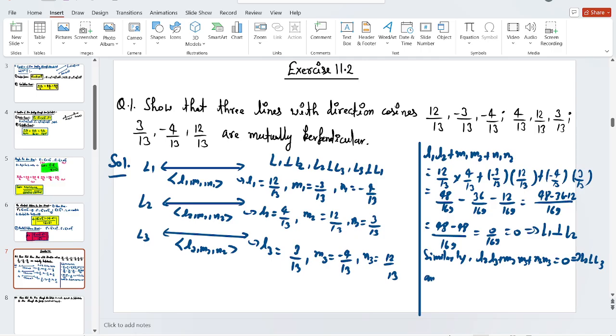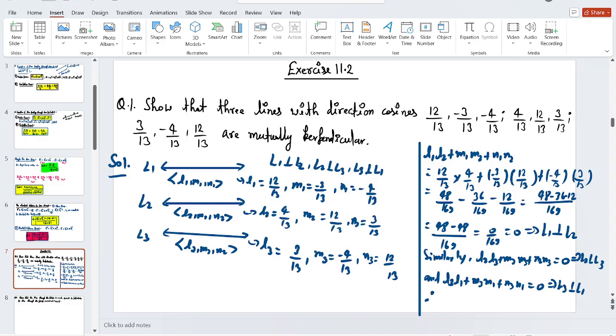Also L3 L1 plus M3 M1 plus N3 N1 is also equal to 0. If you put this value here, you get 0. So it means L3 is perpendicular to L1. So we have proved that lines L1, L2, L3 are mutually perpendicular.